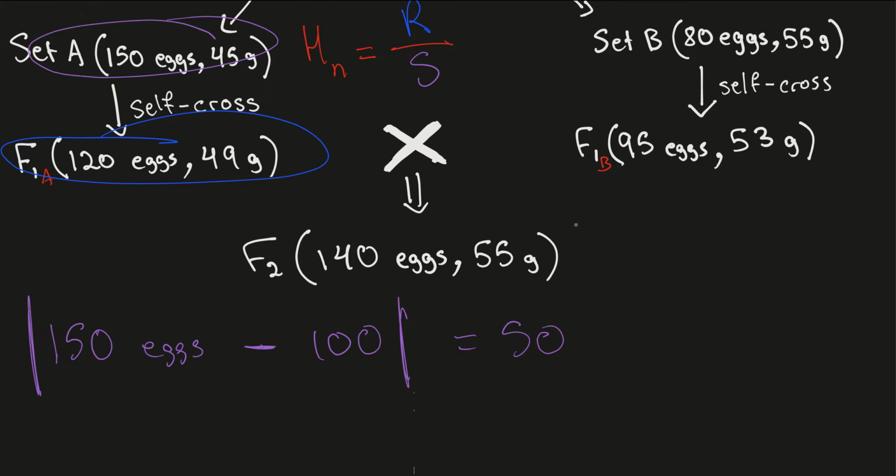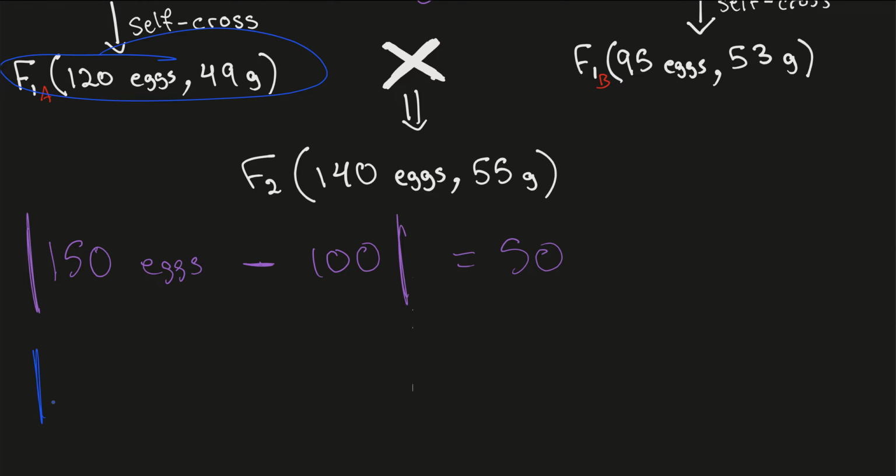Now, when it comes to the selection response, the F1 generation only produces about 120 eggs, right? Minus the 100 eggs that the parents make, and this gives us 20. And so when we divide 20 by 50, this gives us our narrow sense heritability, which is 0.4.